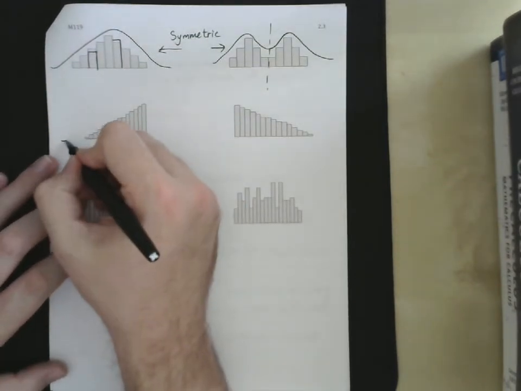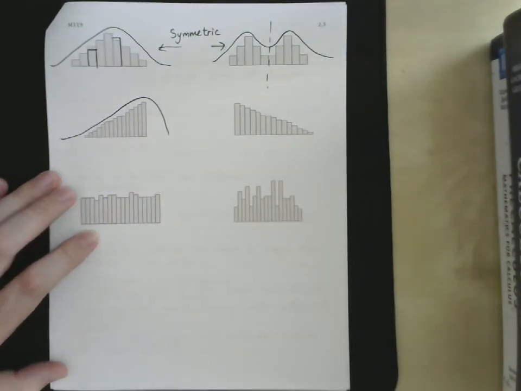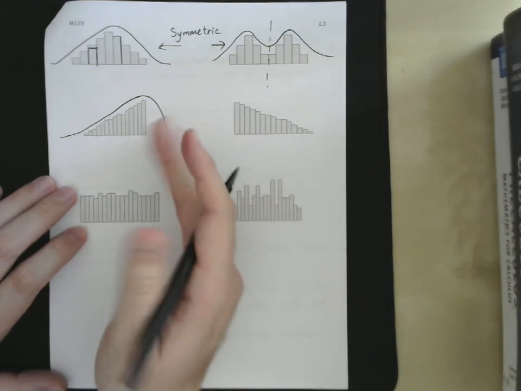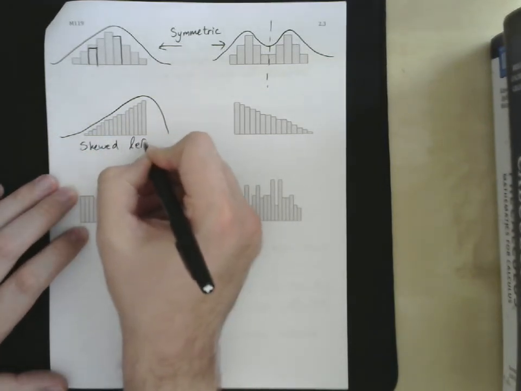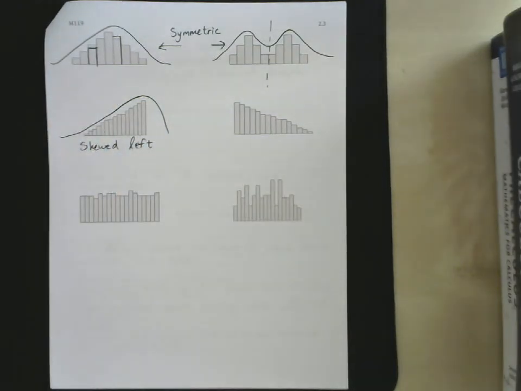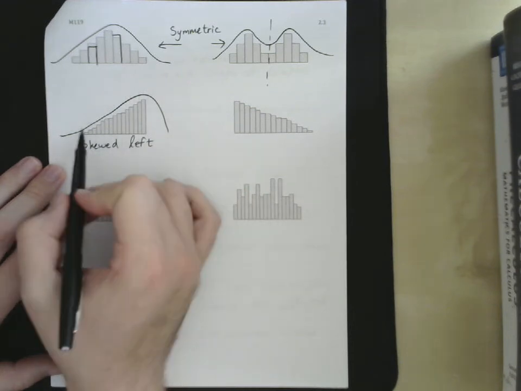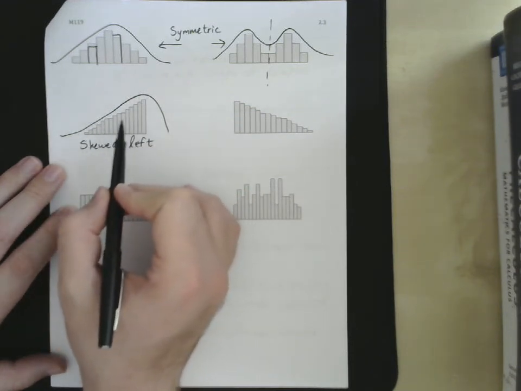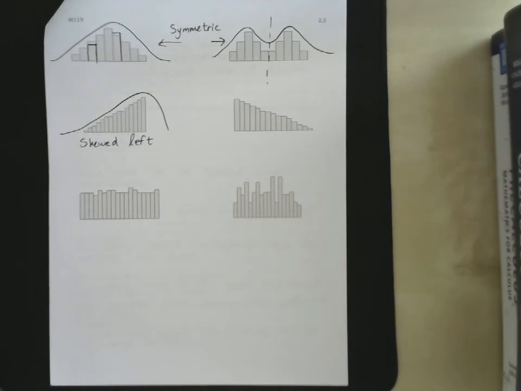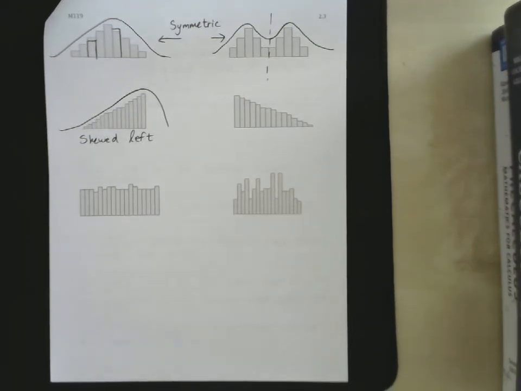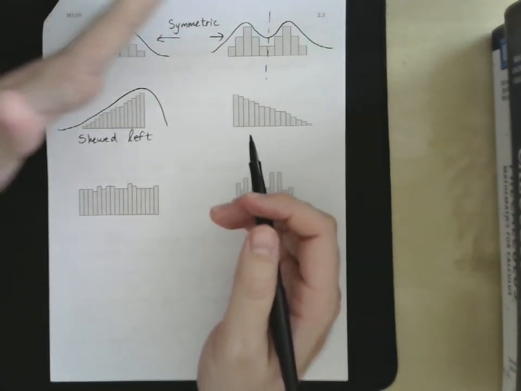This guy here, our data is primarily on the right side, so this is skewed left. And the way that we think about this is it's skewed left because that means that more of the stuff is not over here on the left. Another way that I think about this is someone's flattened it from the left side.